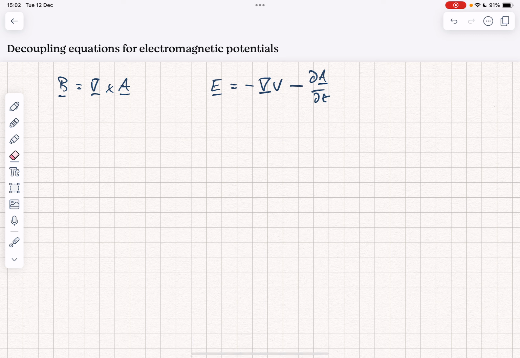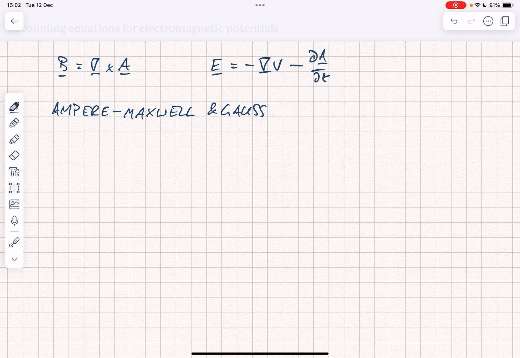We're going to use the Ampere-Maxwell and Gauss equations, or Gauss's law, in order to derive some equations for A and for phi. And then we're going to use the Lorenz condition, which we discussed in the previous video on gauges, in order to decouple the equations.